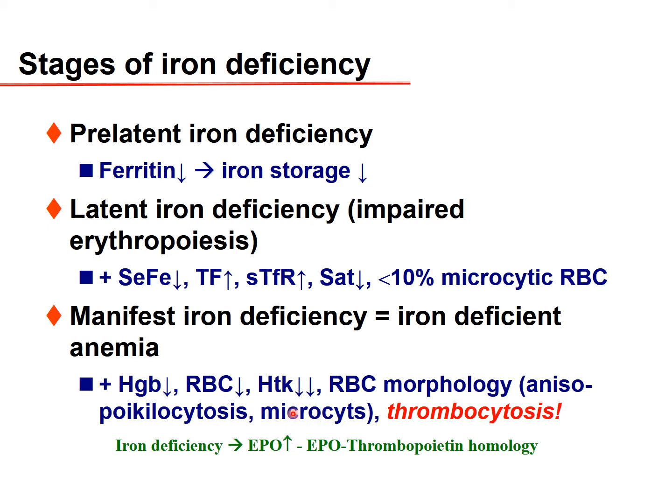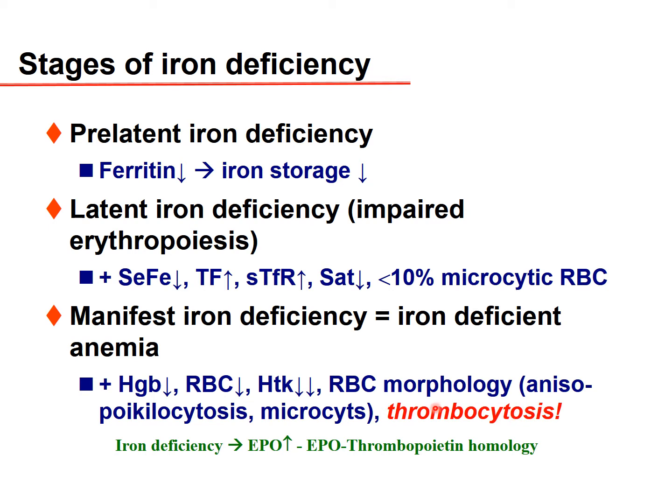So it means not less than 10%, but more than 10%, mostly up to 90% of the cells are smaller ones. Not only the red blood cells can be altered, but the patient usually has an elevated platelet count. The patient has thrombocytosis.